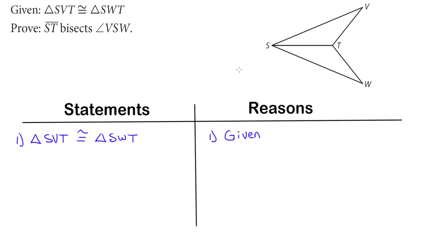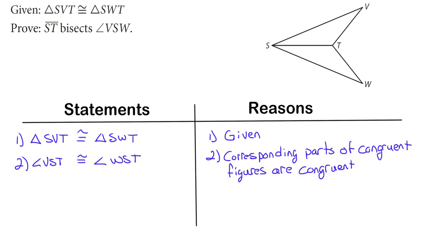And so we do know that angle VST is congruent to angle WST. And the reason for that is that corresponding parts of congruent figures are congruent. And so VST is an angle from the first triangle that corresponds to WST from the second triangle.